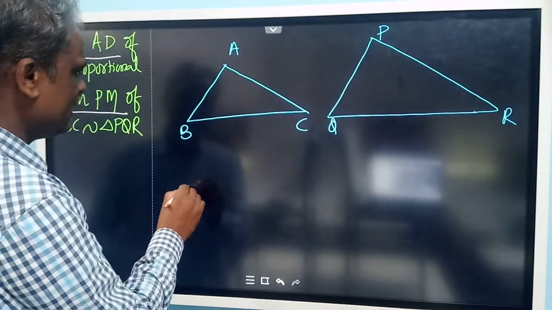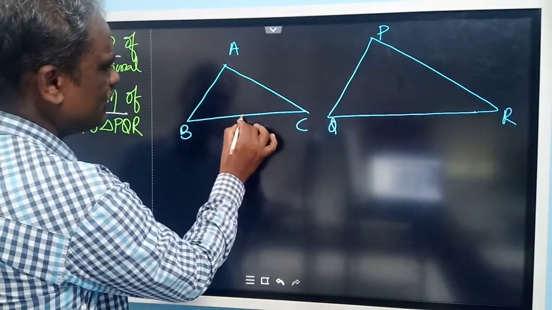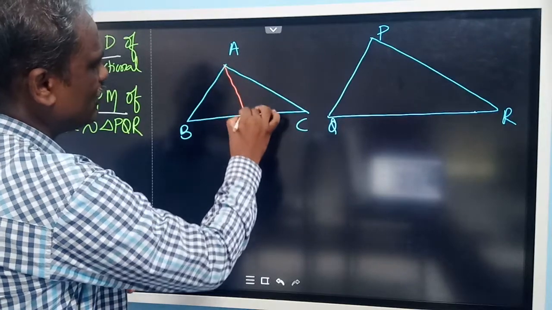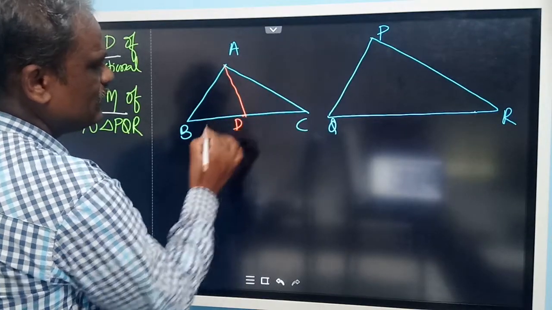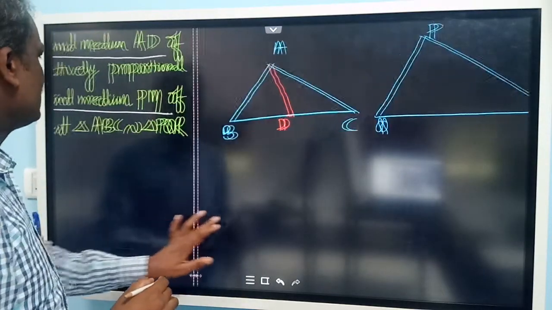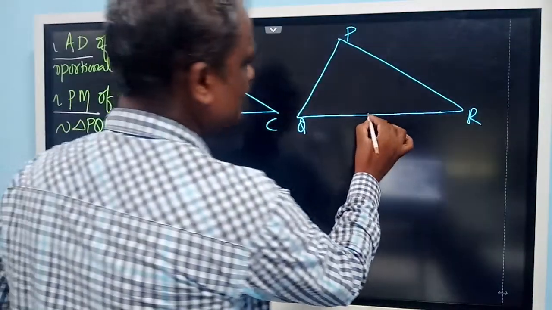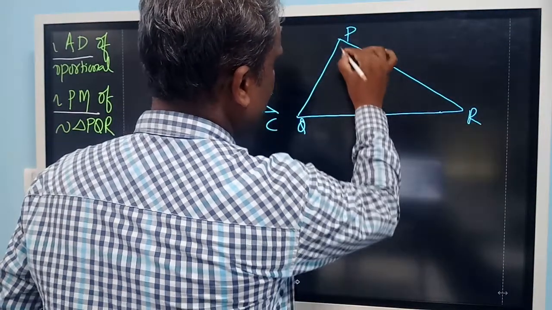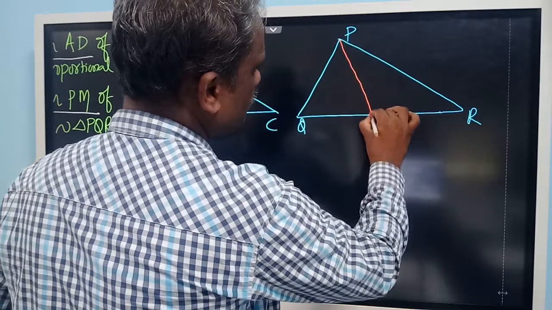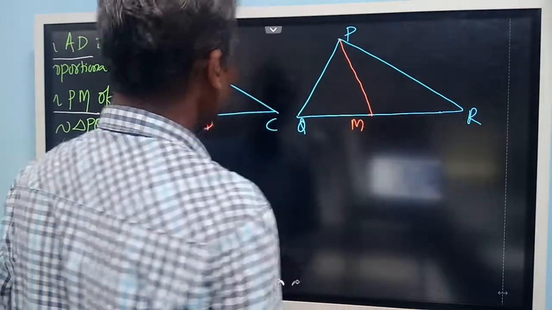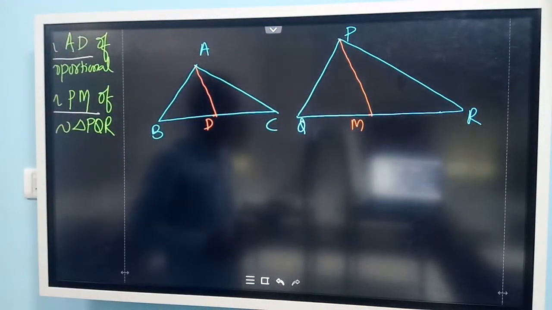We have taken two triangles ABC and PQR, and median AD of triangle ABC. Let us take a median AD now. Midpoint you have to select here, join this one A to D. So this is the midpoint D and AD. Then here median PM. Let us take the midpoint of QR here, join this one. So this is PM. See, AD and PM are medians.